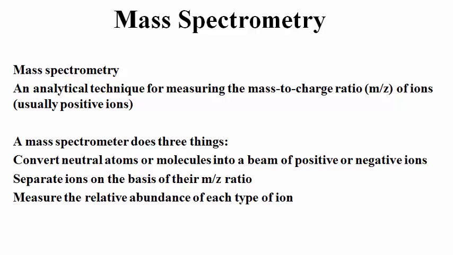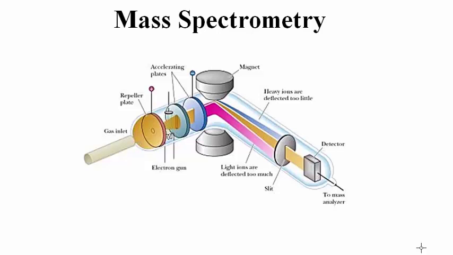From this info, you can determine both the molecular mass and the molecular formula of an unknown compound. In addition, you can obtain valuable clues about the molecular structure of that compound. There are many types of mass spectrometers, but we'll just go over the instrumentation for one here.